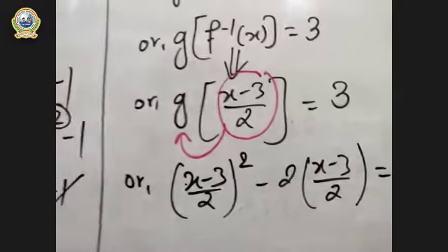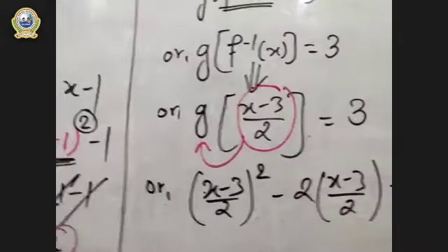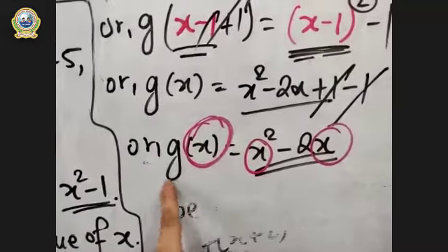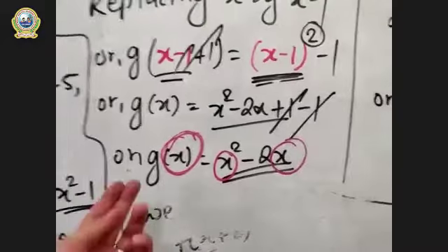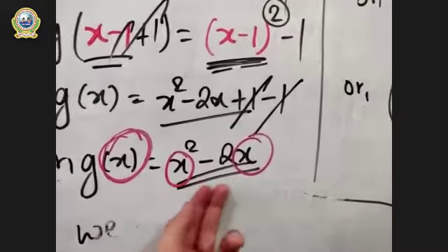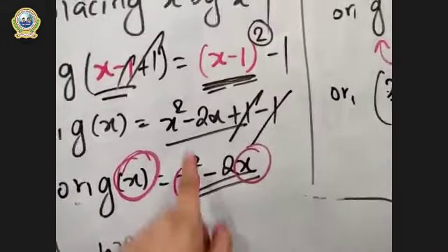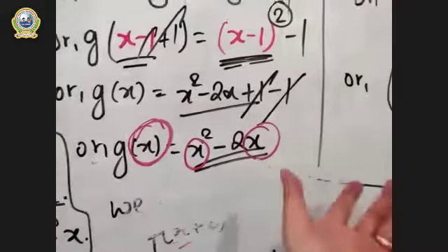Are you clear? I'll repeat it just a few moments. Look at here. We had just obtained gx is equal to x square minus 2x. Now ga will be a square minus 2a, right? Now g marker will be marker square minus 2 marker. G duster will be duster square minus 2 duster, right?